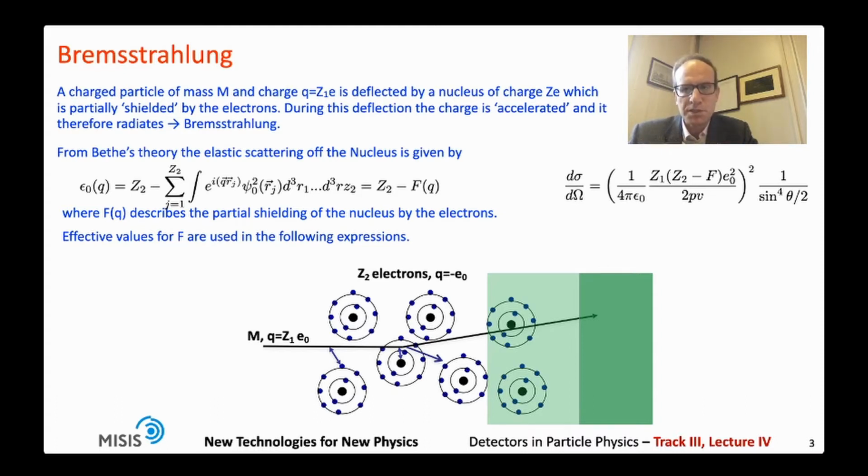So this process of emitting radiation is called the Bremsstrahlung process and Bremsstrahlung radiation.